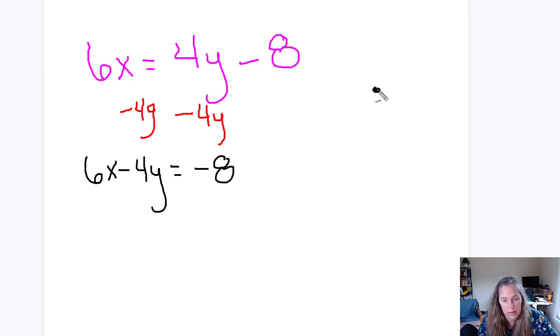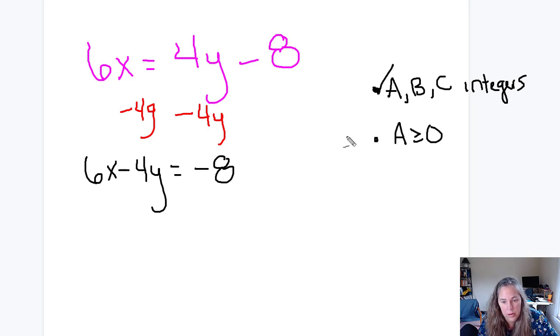Let's do our checklist. a, b, c are integers. Yep, we got whole numbers everywhere. That's good. a greater than or equal to 0. Yep, that's a positive 6. The greatest common factor of a, b, and c is equal to 1.